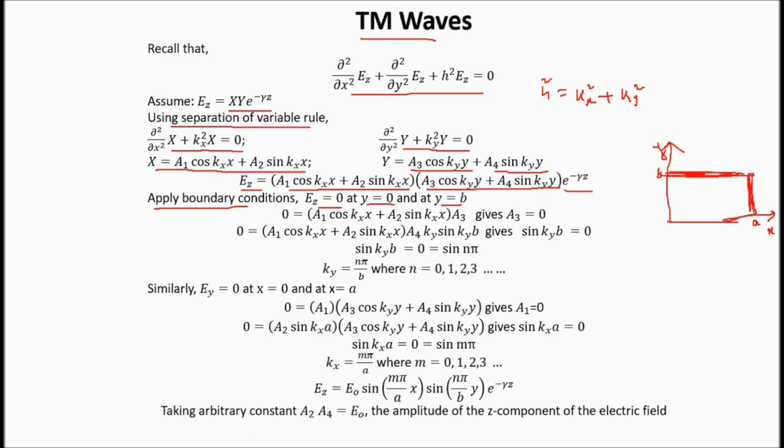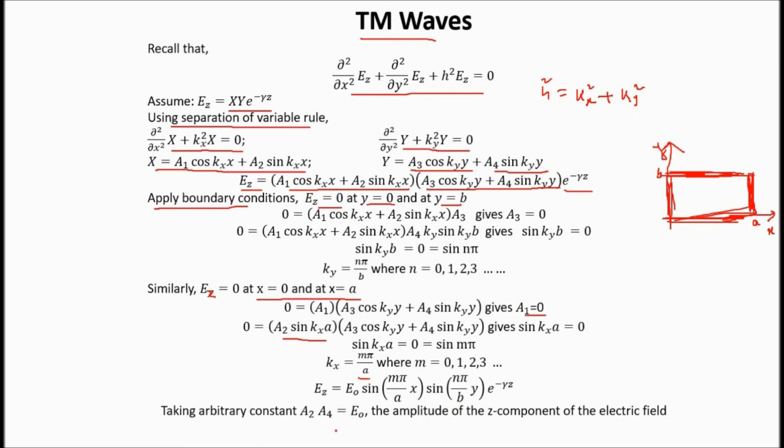We can also take another boundary condition at x equal to 0 and at x equal to a, where the z component of electric field will be 0. By putting this boundary condition, we can find a1 equal to 0 and also sine kx a equal to sine m pi, where kx will be m pi over a, where m equal to 0, 1, 2, 3 like this.